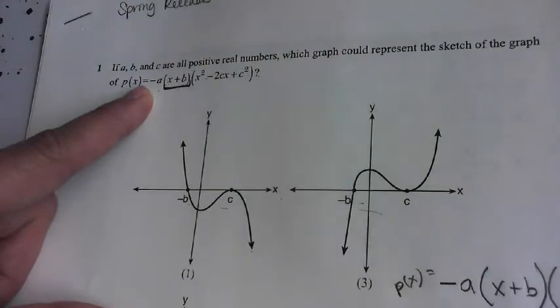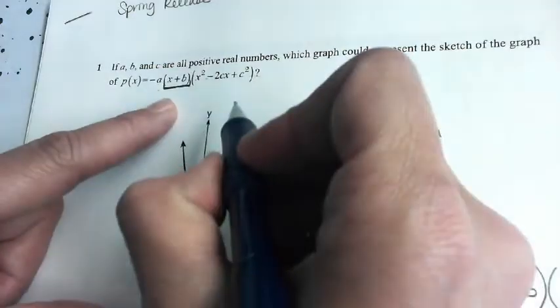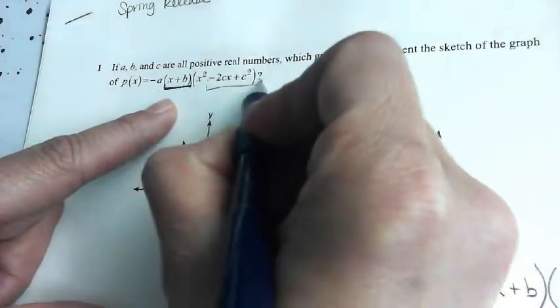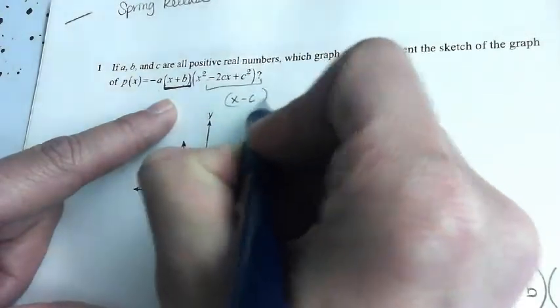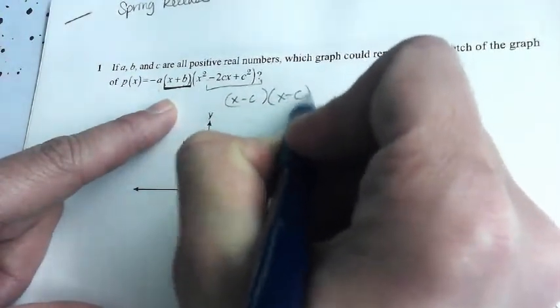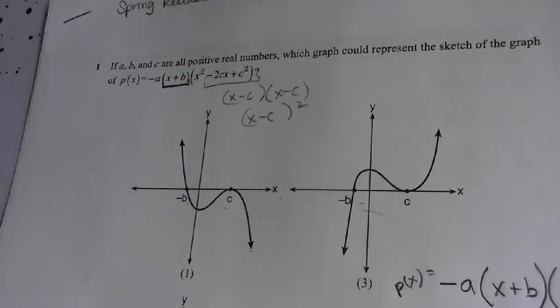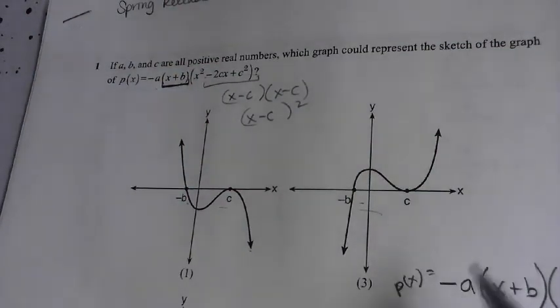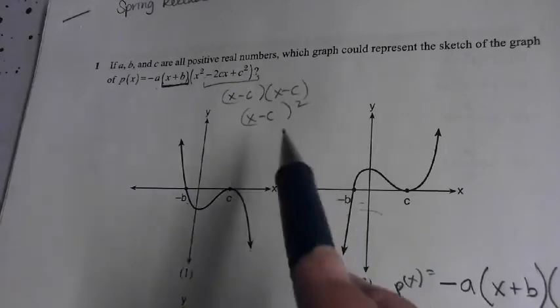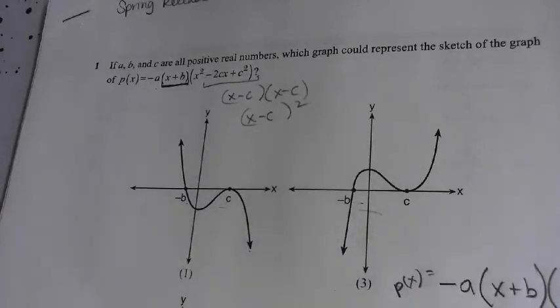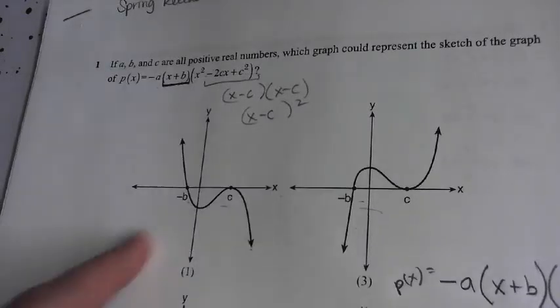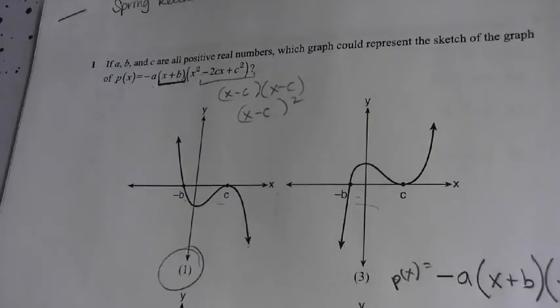If you didn't like that, then you could factor this one into x minus c times x minus c, which is x minus c squared. And if there's a factor of x minus c, there's a root at, oh, they both had that. So that wasn't even helpful. You had to go with end behavior. You had to see that negative coefficient, start high, end low. So that was option 1.